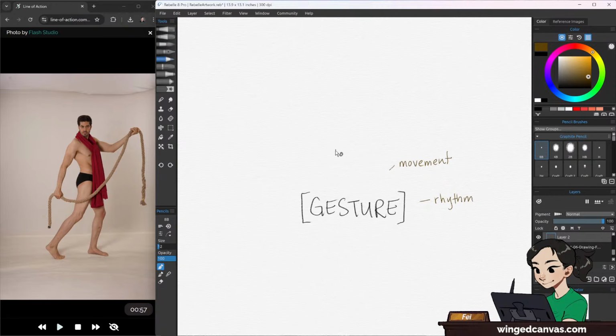Rhythm. Action. Nin XXL 871 says essence. That's a great one. The essence of a pose. Fluid and flow. Absolutely. These are all really good so far. Anything else you think of?